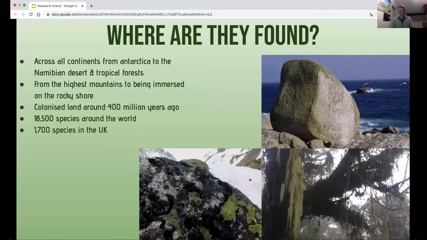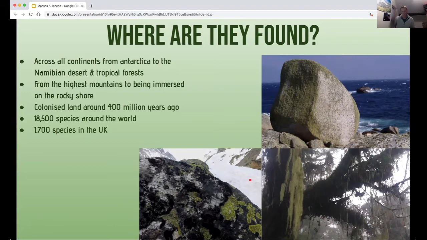There are roughly 18,500 species in the world, 1,700 of which are in the UK, which is about 10%, a vastly significant amount. It's down to the climate that we've got, which is very suitable for lichen growth.